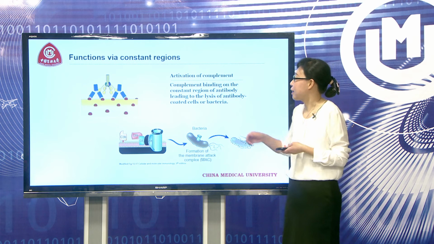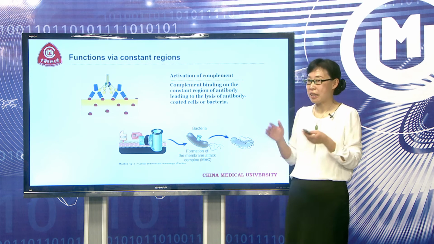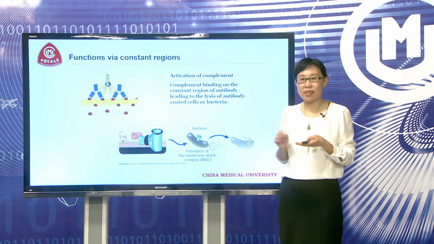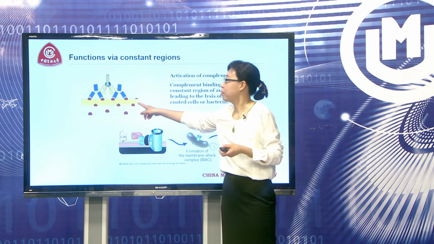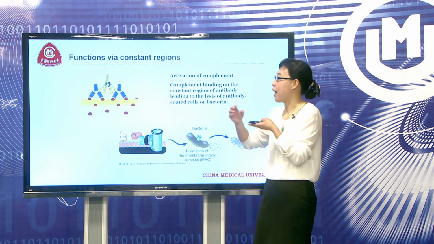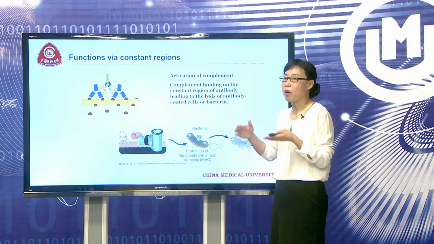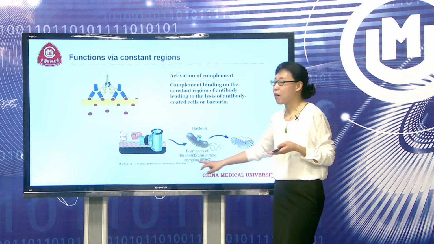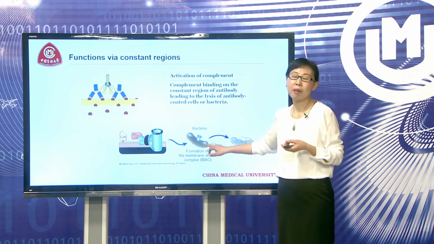The first one is that they can activate complement. Complement is a component in the serum. When the antibody and the antigen form a complex, this complex can activate complement. Finally, they form a membrane attack complex on the membrane of the pathogens.